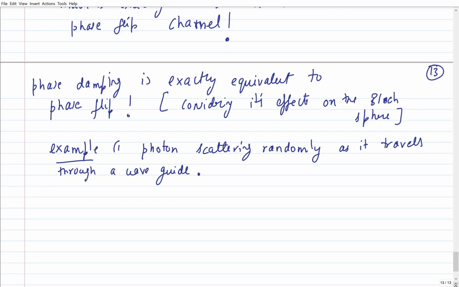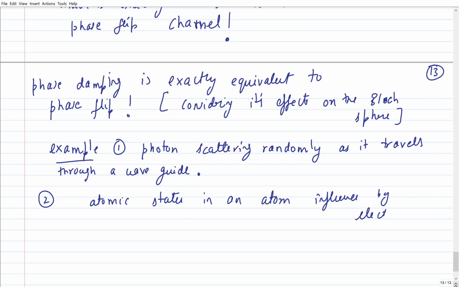Or, so this is example number one, example number two of phase damping would be atomic states in an atom get perturbed, influenced by external electric fields, and so on and so forth.